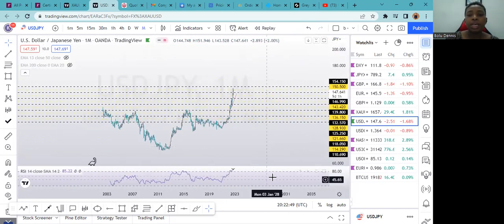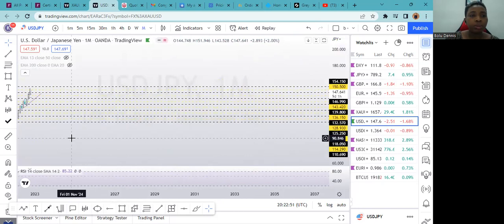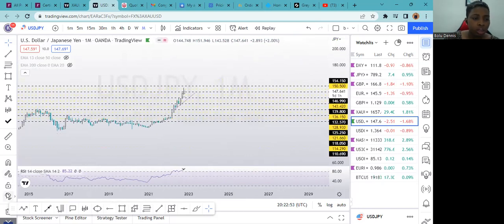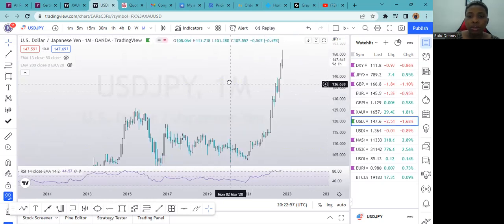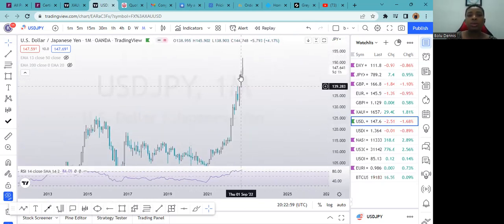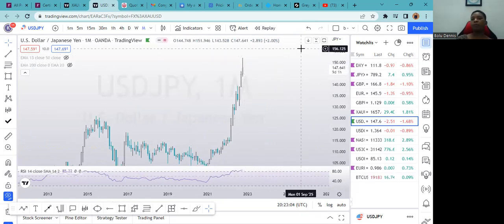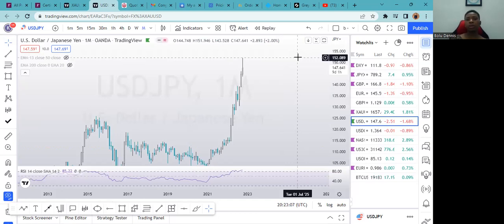So right now we can see, let me remove this, we can see exhaustion around this level. So it got to 151, you know, almost 152. Yeah, it got to 152 actually. Nice.